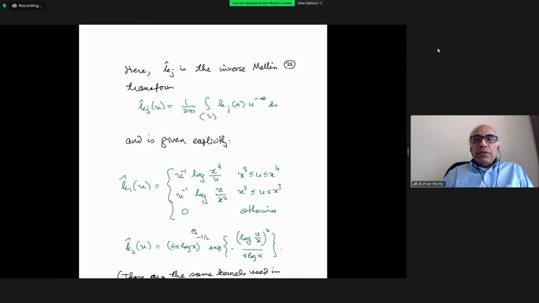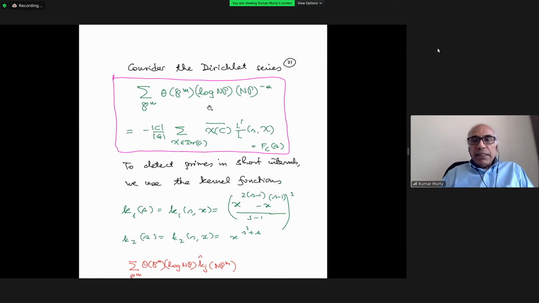Okay, so here you consider the Dirichlet series with this indicator, and then log norm of the prime, norm of the prime to the minus s, summing over prime powers. So this is basically picking up, apart from ramified primes, prime powers whose Frobenius is in C. On the other hand, by using orthogonality of characters, you can write it as a linear combination, weighted by the character values at C, of logarithmic derivatives of the Artin L-functions.